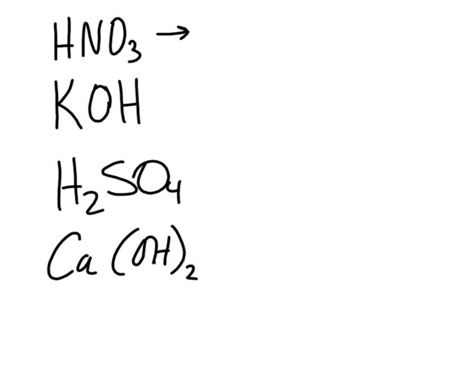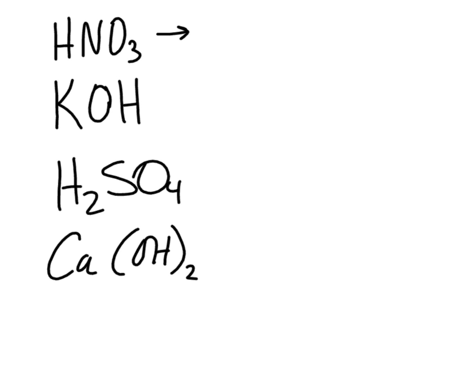If it has an OH in it, it's most likely a base. All right? If it has a hydrogen, either most likely up front, like the HNO3, or further down like the H2SO4, those would both be considered acids. And of course, the KOH and the calcium hydroxide, Ca(OH)2, those are bases because they have the hydroxide.